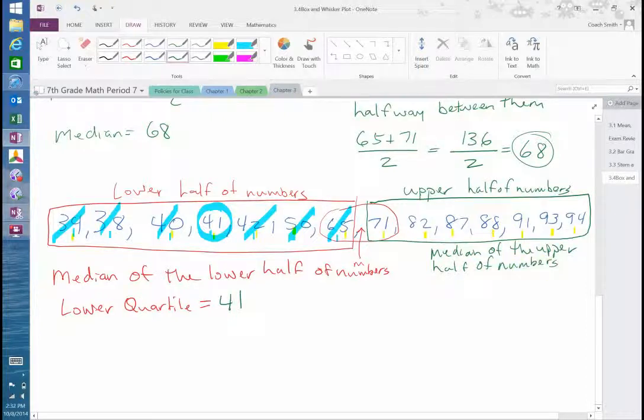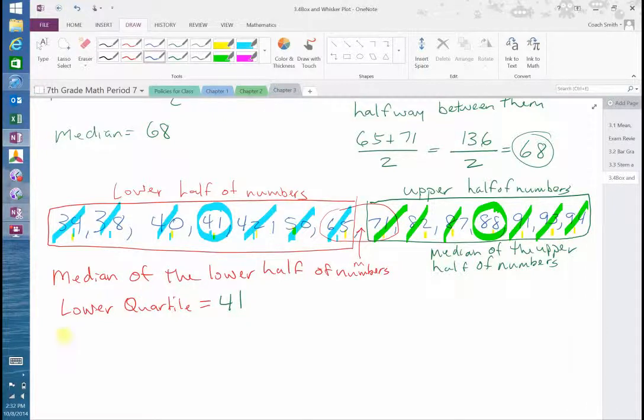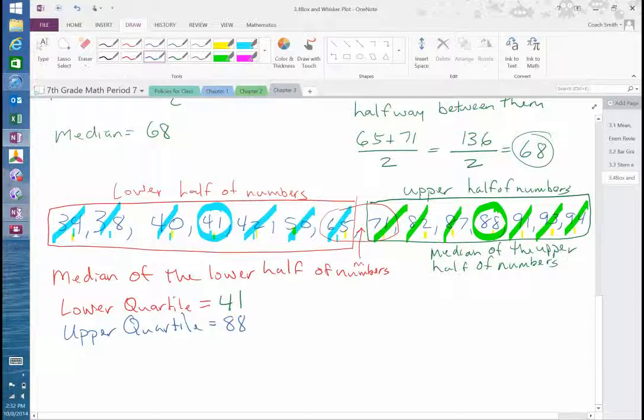I can do the same thing here. There's the upper quartile. So the upper quartile is the middle number of the upper half of numbers, which is 88. Okay?